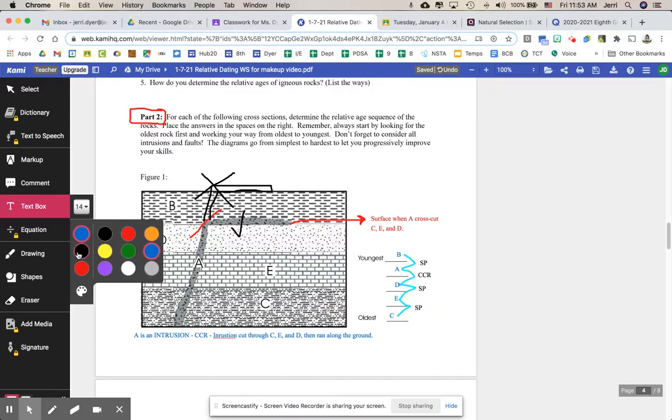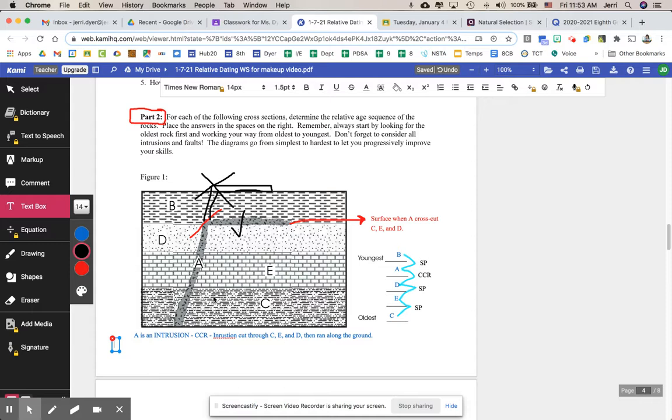All right. So let's go ahead now and start writing our history. The way that I would do this is I would start at the oldest. So layer C was deposited first, followed by layers E, which is limestone, and D, which is sandstone.